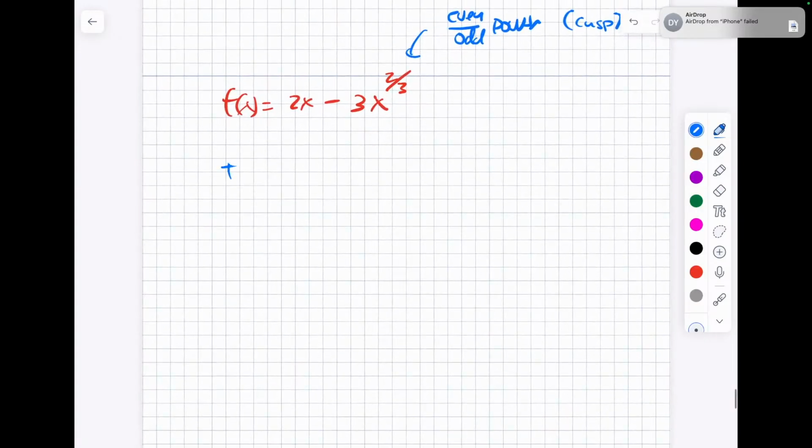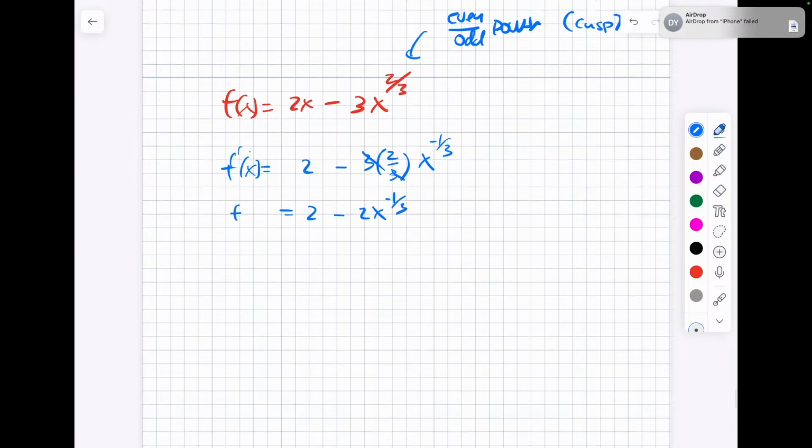Because if you take a derivative here, f'(x) = 2 - 3 times 2/3 times x^(-1/3). The 3 cancels out, so that's 2 - 2x^(-1/3). You'd be like, oh yeah, I'll just set it equal to 0, and this is the wrong way of doing it. 0 = 2 - 2x^(-1/3), so 2 = 2x^(-1/3), so 1 = x^(-1/3). x has to be equal to 1, and that's it.